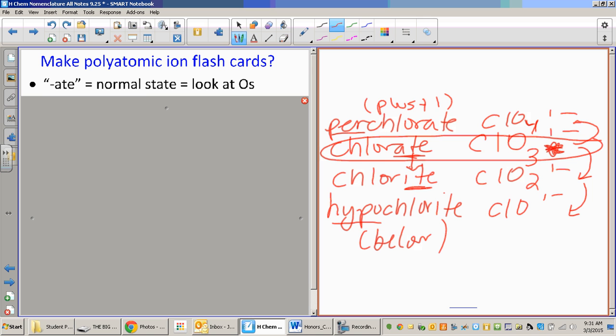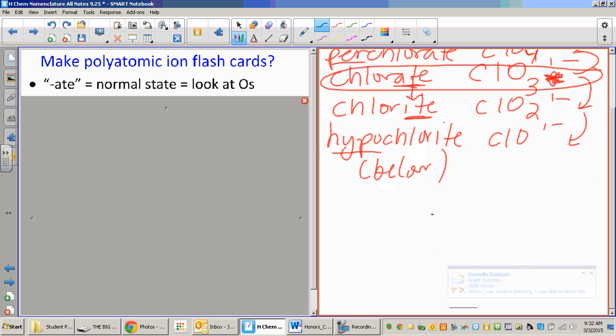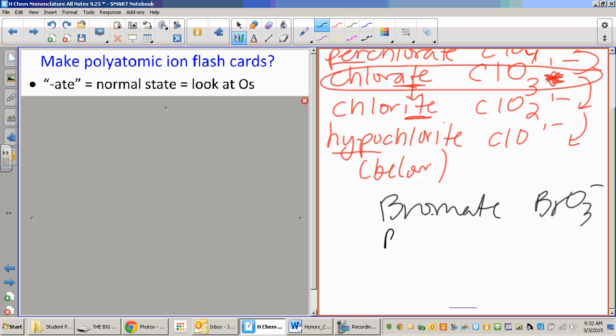Okay, so what if I said, here's my formula for phosphate. Here's the formula, PO4, 3 minus. What is phosphite? PO3, 3 minus. What if I give you, let me go further. What if I gave you bromate as BrO3, 1 minus, and I want you to give me bromite?